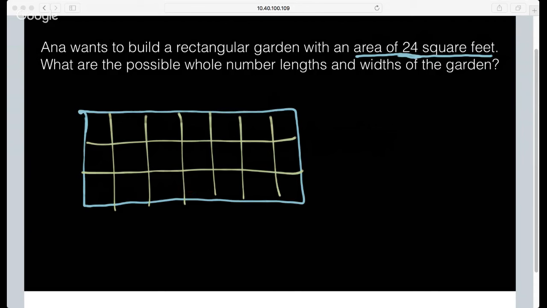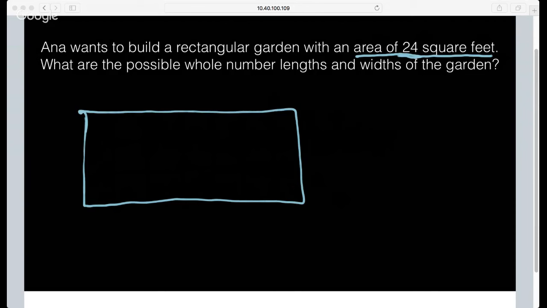We could add 3 more and it can actually have the 24 square feet. But let me take those lines out because it doesn't really matter. We just need to know that the inside of this is 24 square feet, which is feet squared. The question is, what are the possible whole number lengths and widths of the garden?